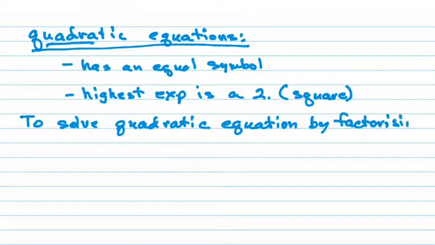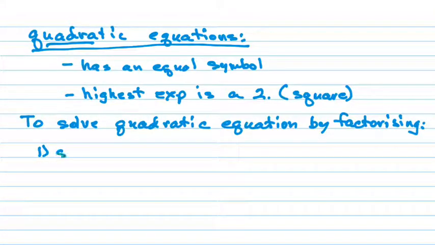Now, there are other methods. This is the workhorse method, though. This is the one that you would use 99% of the time. The only time you wouldn't use it is if it won't factorize, then there's another method. But if you don't know this method, you can't move forward. Luckily, it's very easy.